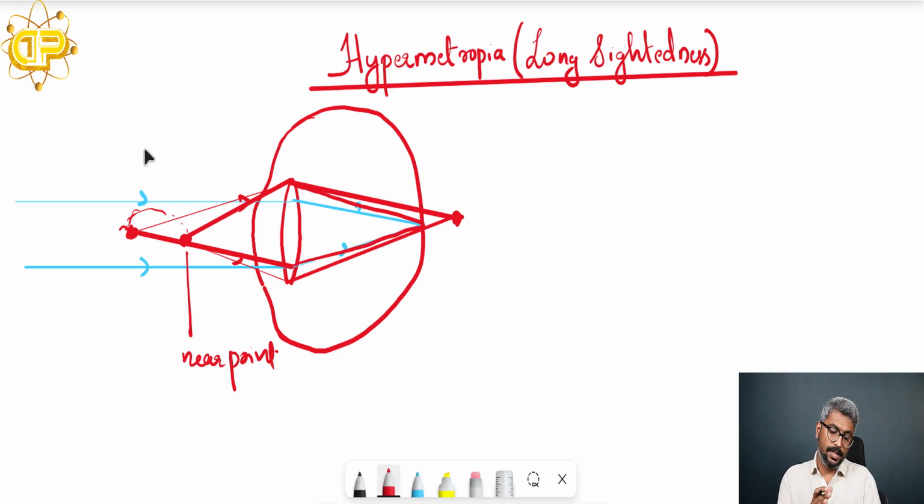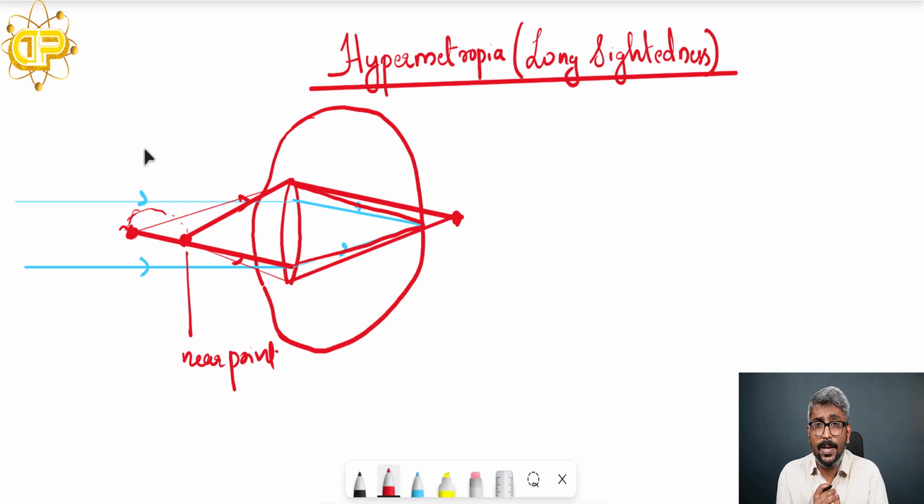I think I had made it more messy, but there's an excuse for that. So you have to shift your near point a bit backward, at a suitable backward position, so that it falls on your retina clearly.